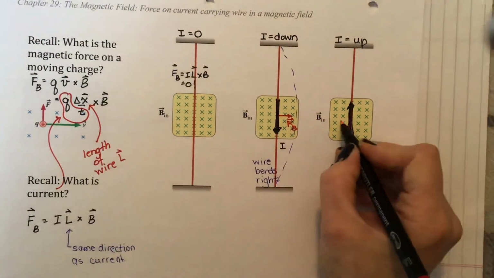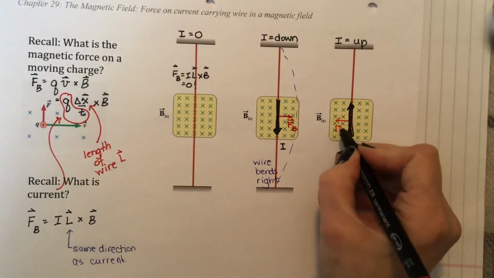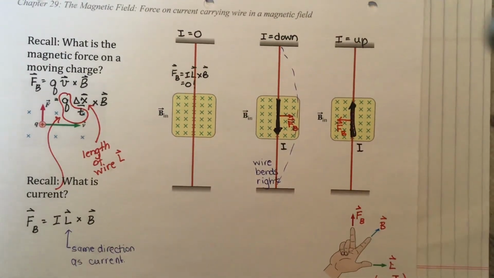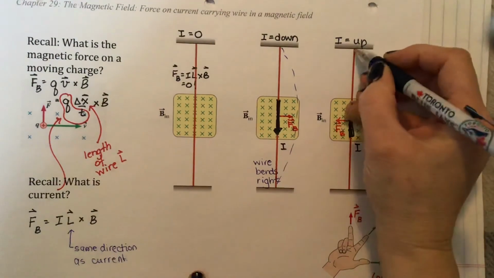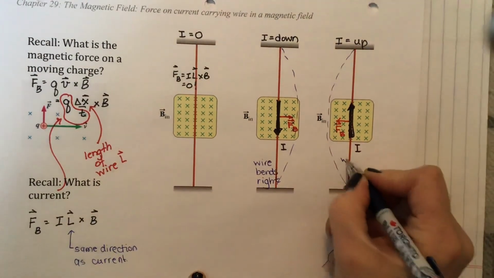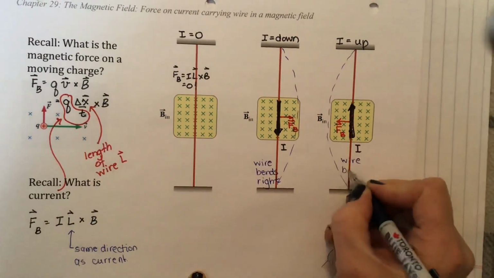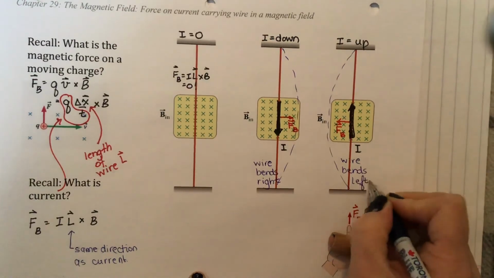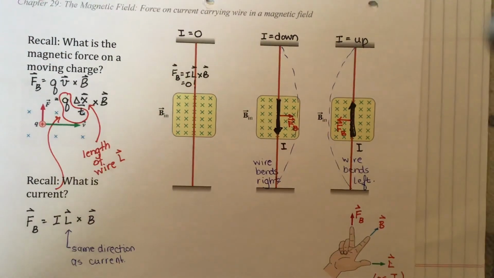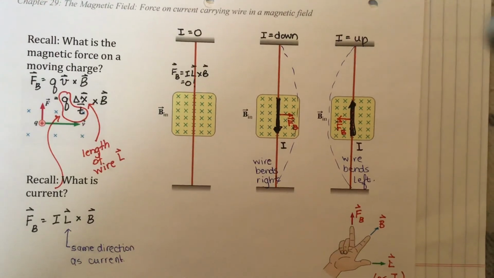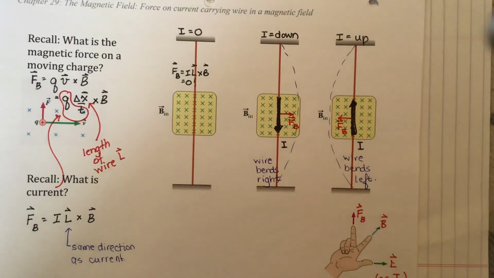So let's draw that force on there. If our wire feels a force that points to the left, then that wire bends to the left. Okay, so that's an overview of what happens with the theory. In the next part, we'll do a couple of examples looking at some forces on some current carrying wires.